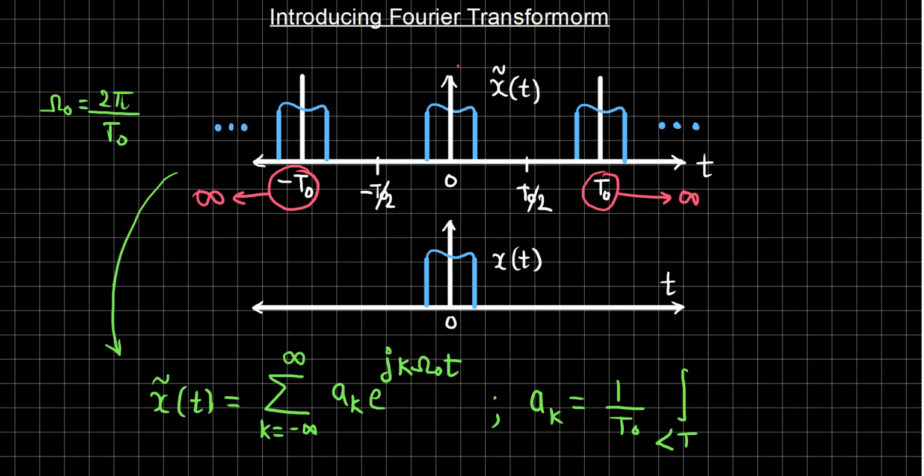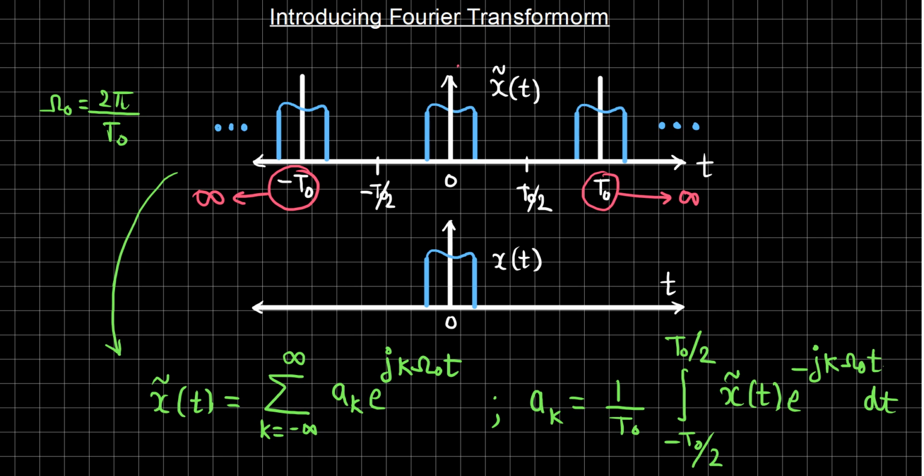So let's take that integration over a period, say from minus t naught by 2 to t naught by 2. I can take any period as such. x tilde of t e power minus jk omega naught t dt.